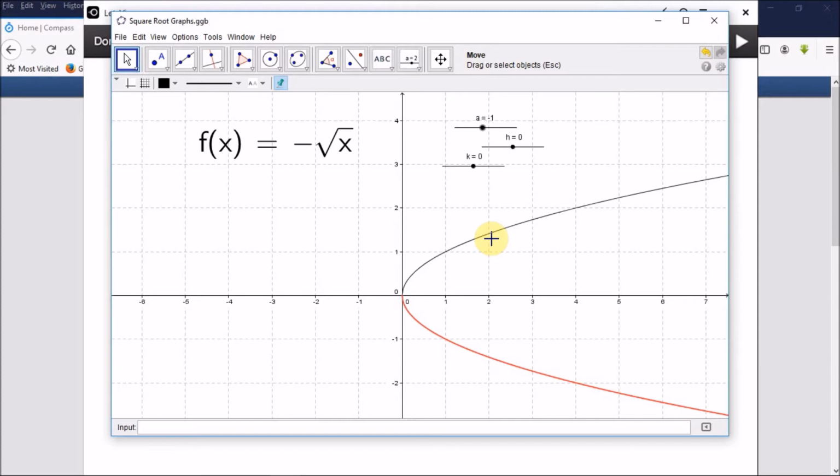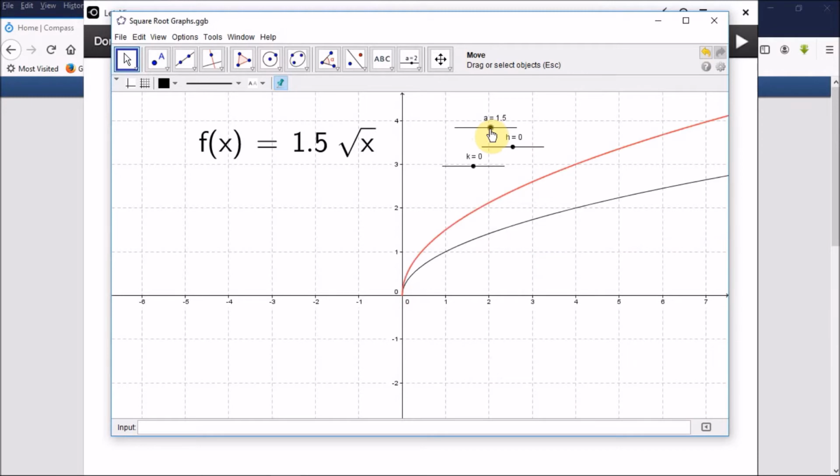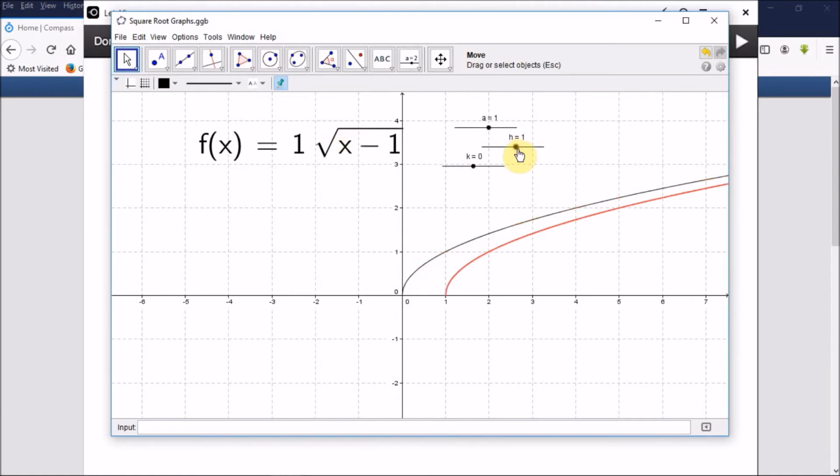All right. And then there's the h and the k. So let me take this back to number 1. I'm very good at working with sliders. There we go. All right, the h and the k. Let's move the h first. A number appears in here. There we go. So now h is 2.